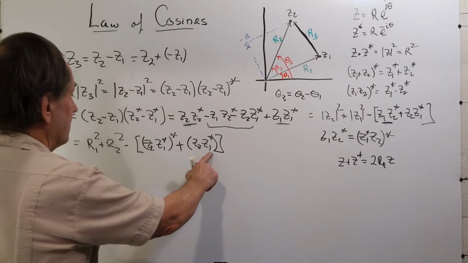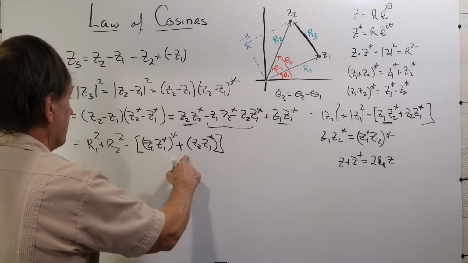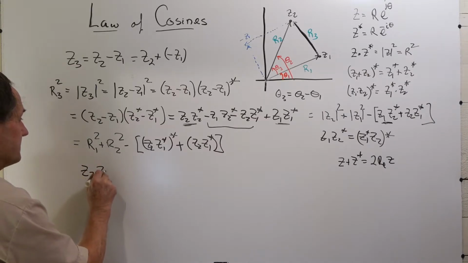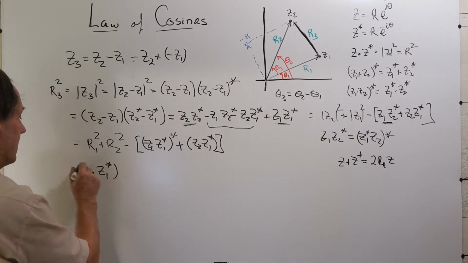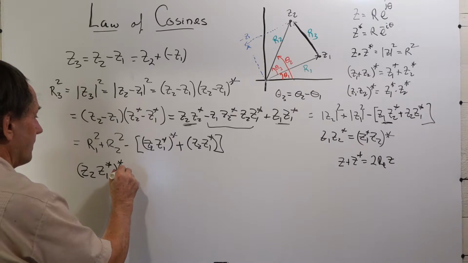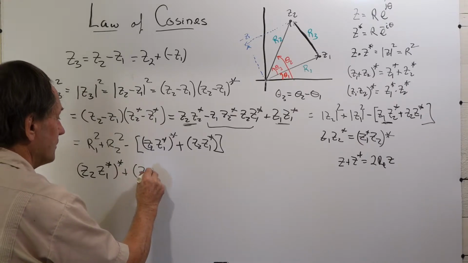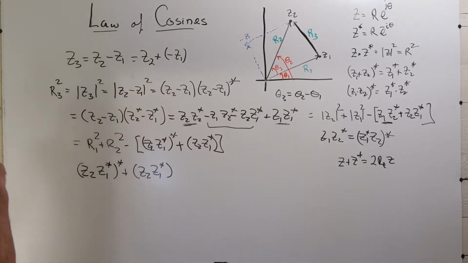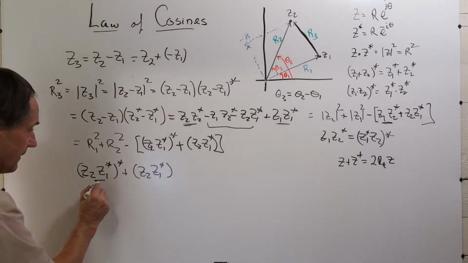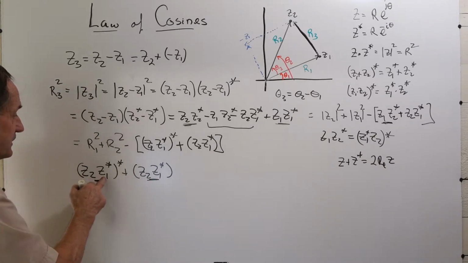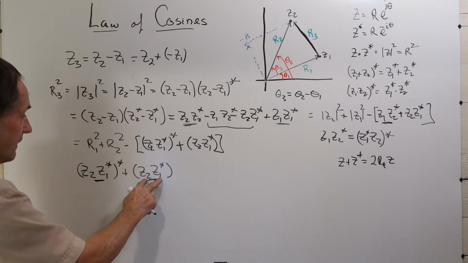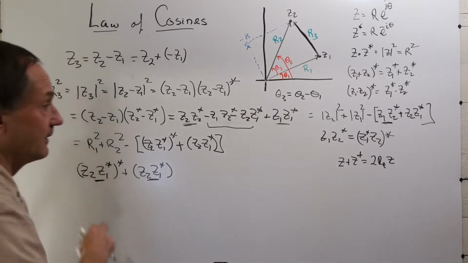Now let's consider this expression within the brackets. We have Z2 times Z1 conjugated plus Z2 Z1 conjugate. Now these are the same complex number, Z2 Z1 conjugate. So we're taking a complex number and adding to it its conjugate.